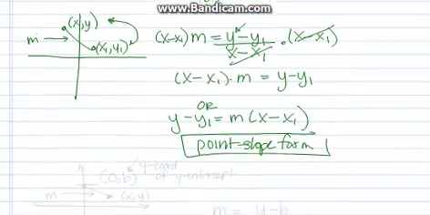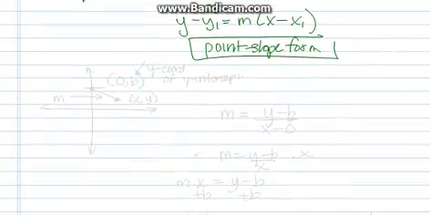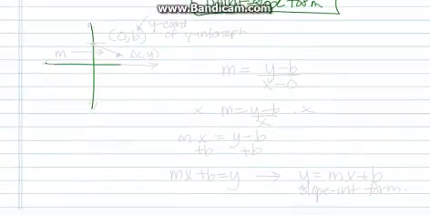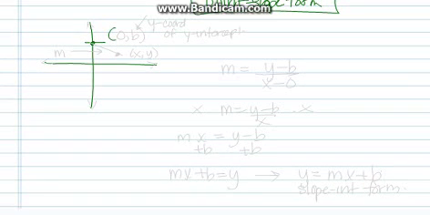Now, in particular, we could look at that specific point, x1, y1, as being the y-intercept. So let's imagine that we have a y-intercept, and we'll label this 0, b, where b is the y-coordinate of our y-intercept. And we're going to look at that point in relation to some other point that's on the graph, just some point in general.